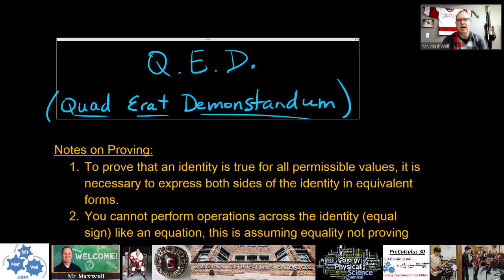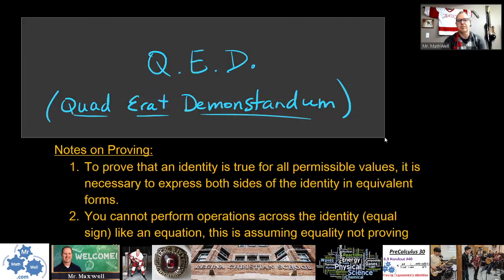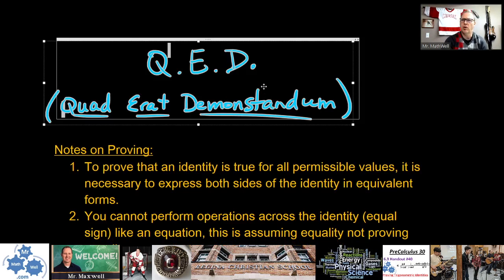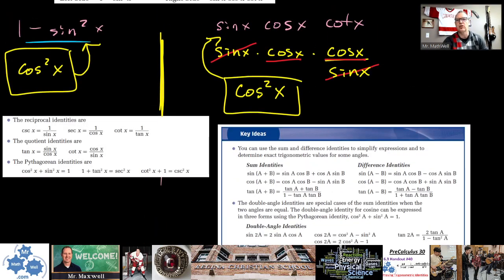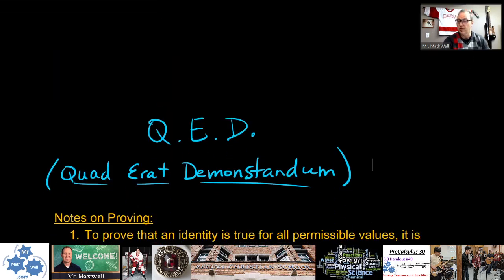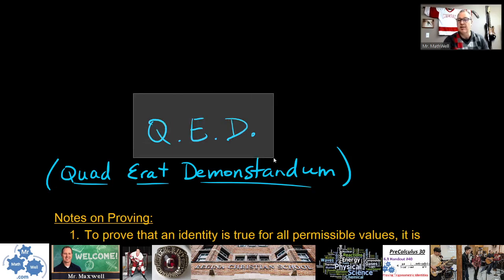Now, I've got something here that I'm going to encourage you to do. Notice when we finished our work, I always get you to circle your answers, and this is kind of a minor thing. I always try to get my students to have some pride in their mathematical prowess here. So when you're done proving something, instead of circling both sides, which is what we're used to doing, to state that you are finished your proof, you'd put, and this is like an old math tradition, QED at the end of your proof.